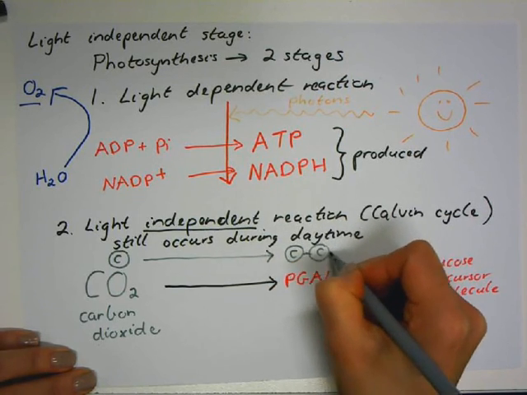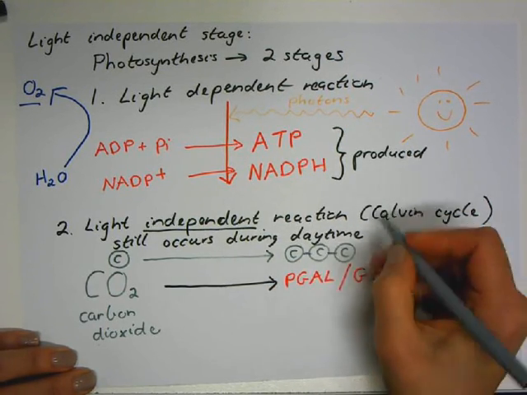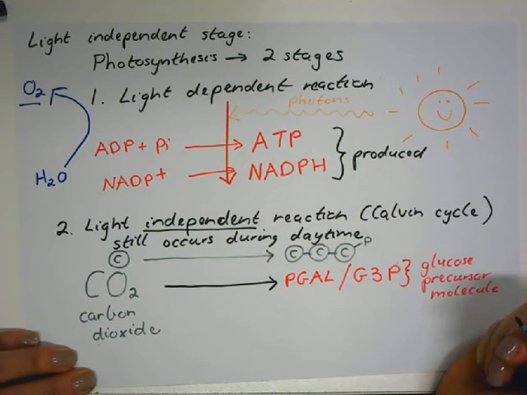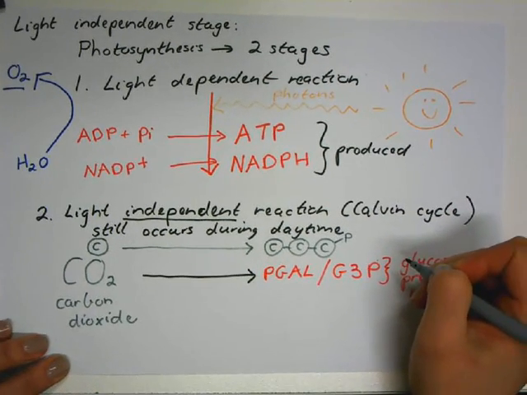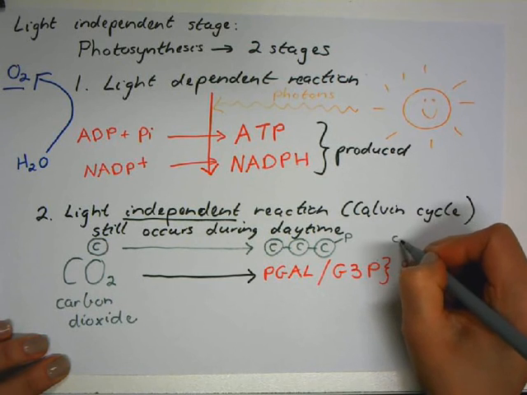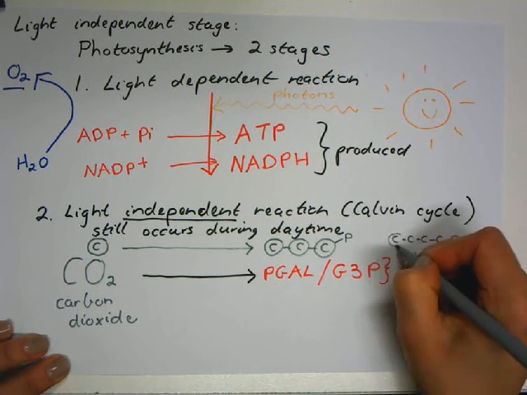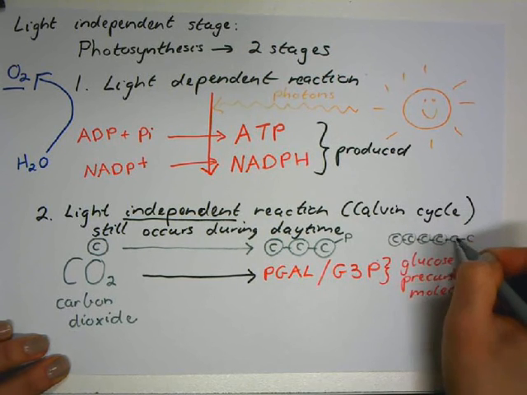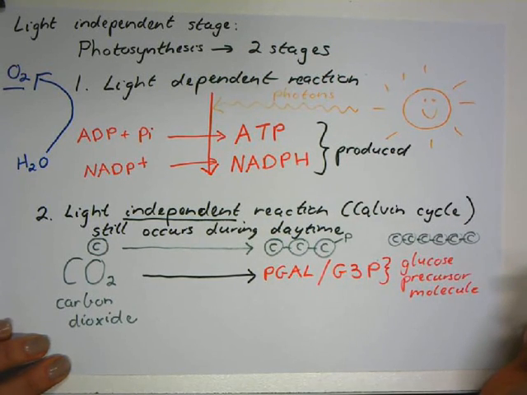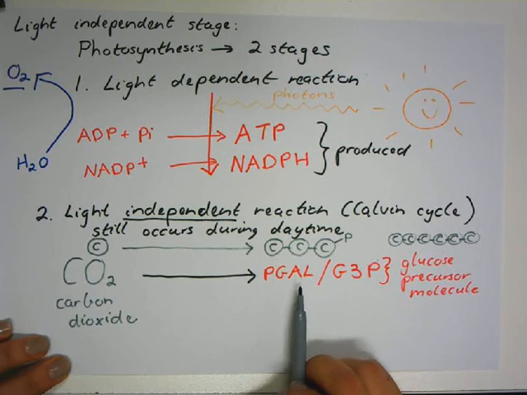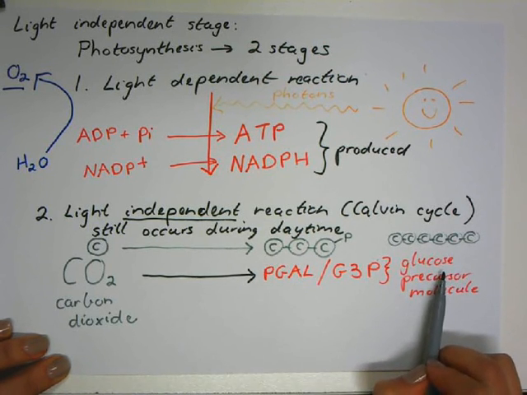PGAL is a 3-carbon molecule which has a little phosphate. Glucose is a 6-carbon molecule: 1, 2, 3, 4, 5, 6. So I'm sure you can realize 2 of these PGALs get joined together to form glucose.